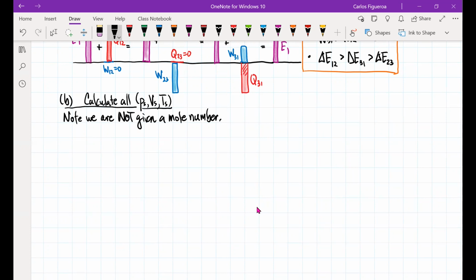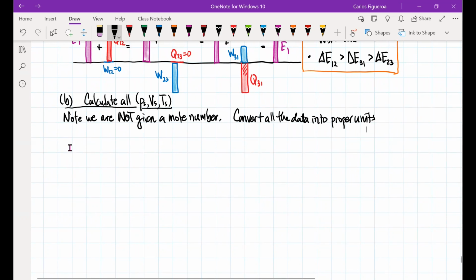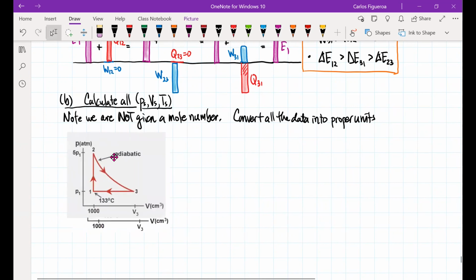So the first thing I need to do is convert all the data into proper units. The one thing that you want to remember here is that we have values that are already given.